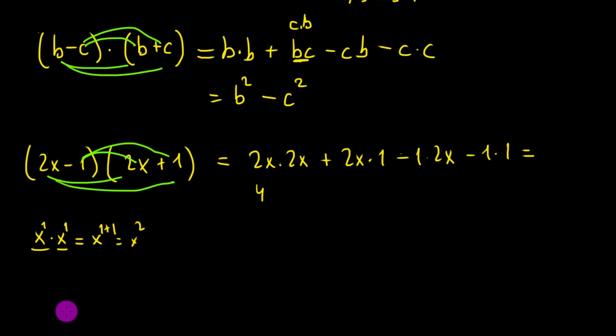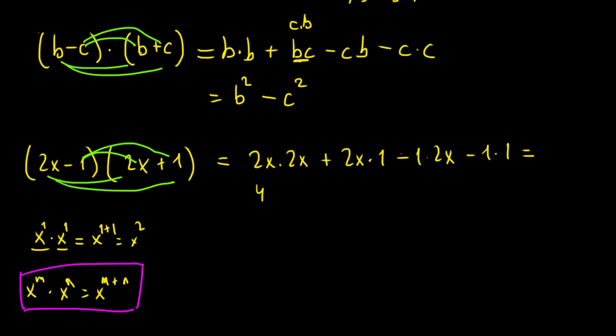According to this rule of powers, x to the power of m times x to the power of n will be x to the power m plus n. Yeah, this is your rule.